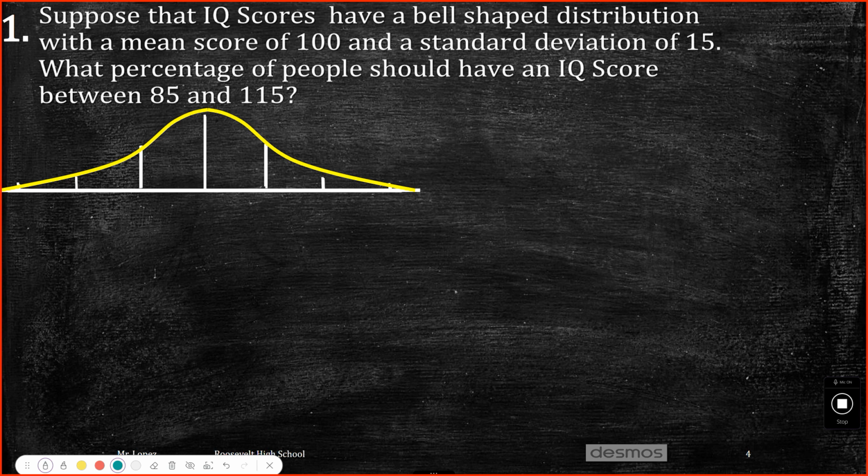Raise your hand if you already know. It's asking what percent of people should have an IQ score between 85 and 115 if the average is 100. Somebody impress the class.